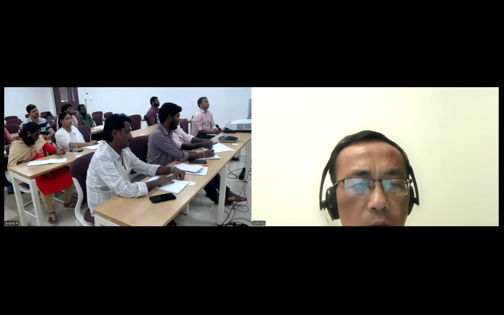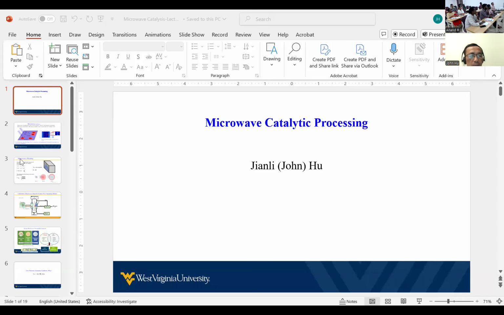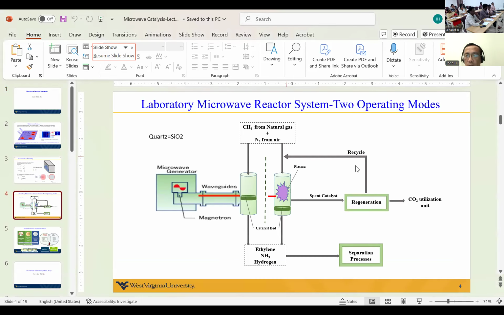I'm going to share that. Can you see my slide? Okay, if you look at this diagram, there are two scenarios. I use a so-called two-mode operation. On the left-hand side, it's microwave only, no plasma. In this scenario, microwave interacts with the catalyst in the gas phase. When methane and nitrogen come in, there's no plasma.